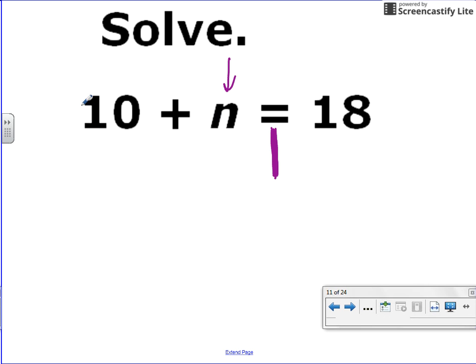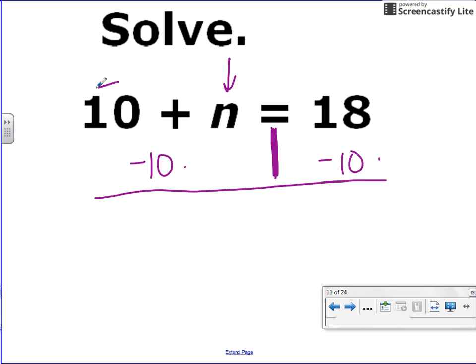Now, right now, this is 10. It's a positive 10 that you're adding to n. And what I want to do is counteract that. We're going to counteract this by subtracting 10. But you have to subtract 10 on each side. See how I've written it on both sides? Because here's what happens.